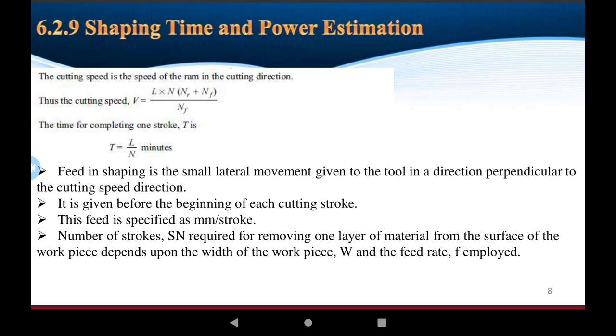The speed of this machine tool is specified per stroke, along with the number of strokes. The movement across the surface of the workpiece depends on the width of the workpiece W and the feed rate F. The cutting stroke time and speed ratio all depend upon the feed rate and speed of the tool.